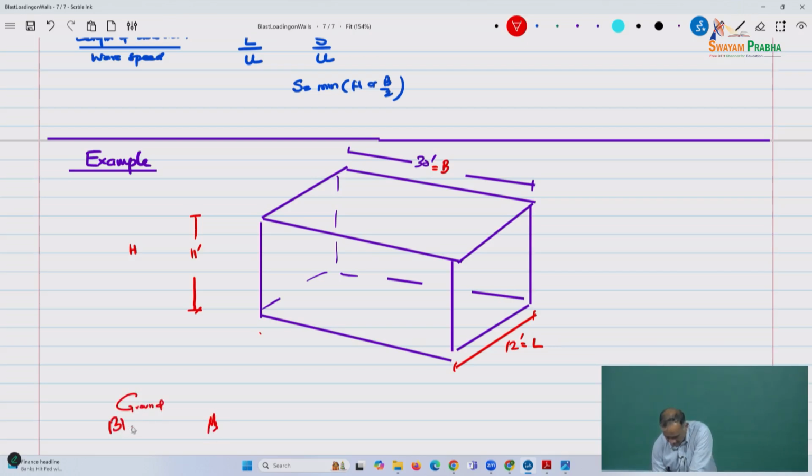The blast standoff distance is R, which is 100 feet, and the TNT value I have chosen is 800 pounds. So you have your front, side, wall, roof, and the rear.